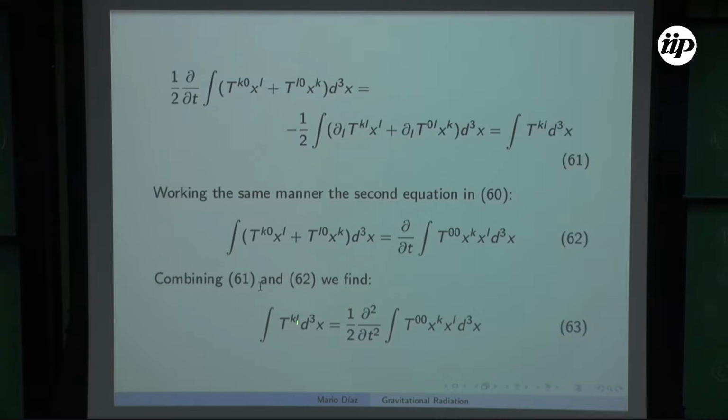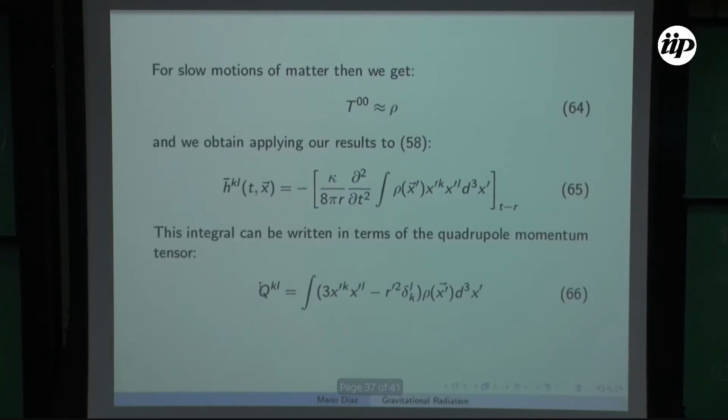The integral of the energy momentum tensor is proportional to the second time derivative of the 0,0 component of the energy momentum tensor. If we have slow motion of matter, then essentially T00 is just the energy density of the matter that is the origin of the gravitational waves.